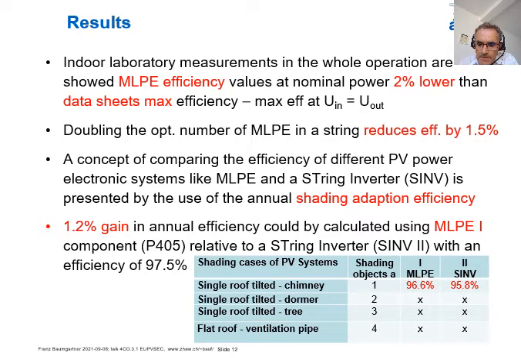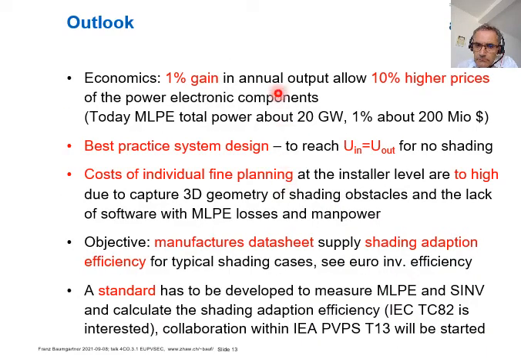And at the end, the outlook shows us that the economics is relevant, and we learned that from the DC voltage dependency of these standard string inverters. A 1% gain in efficiency due to the use of another power electronics will increase the price of that power electronics by 10%, because the share of the total system price is only 1/10.